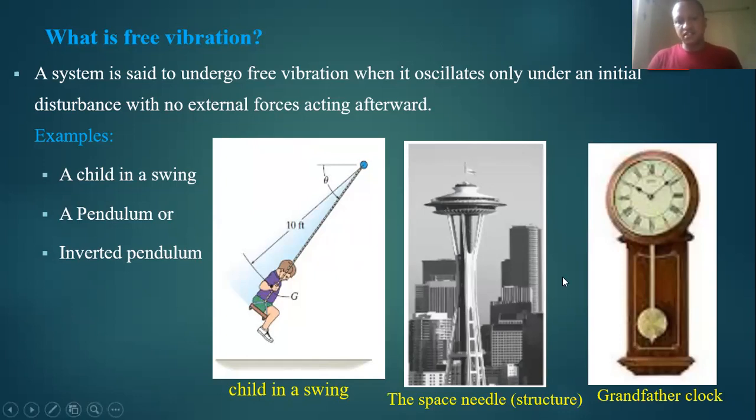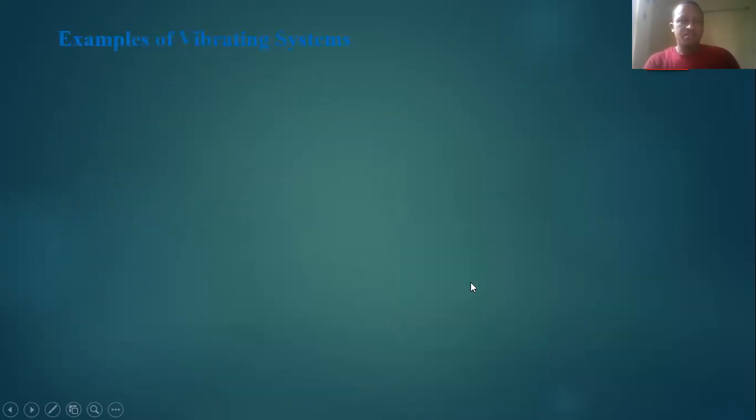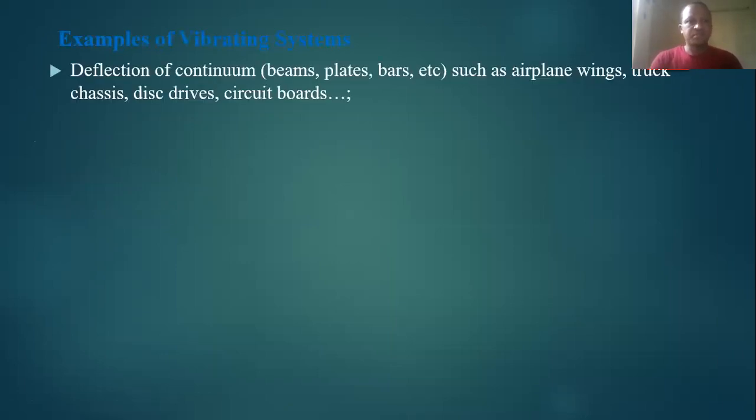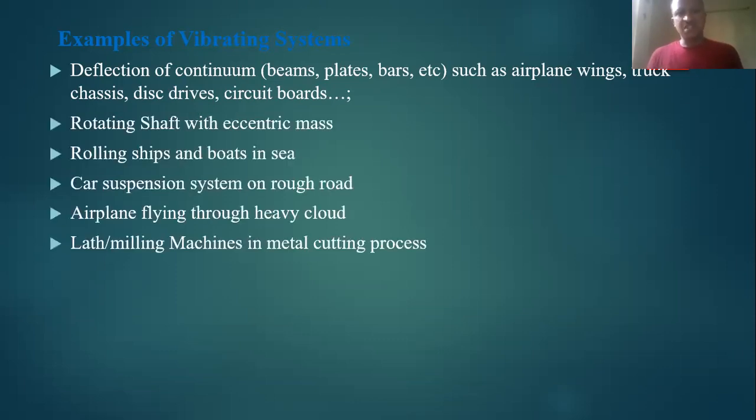Here we can see the space needle structure, and so many examples can be given. So examples of vibrating systems also continue. Continuum beams, beams which are suspended to some walls and having a cantilever length, they can also vibrate.